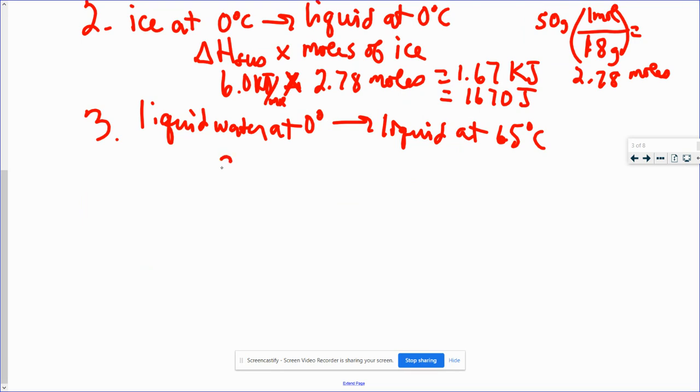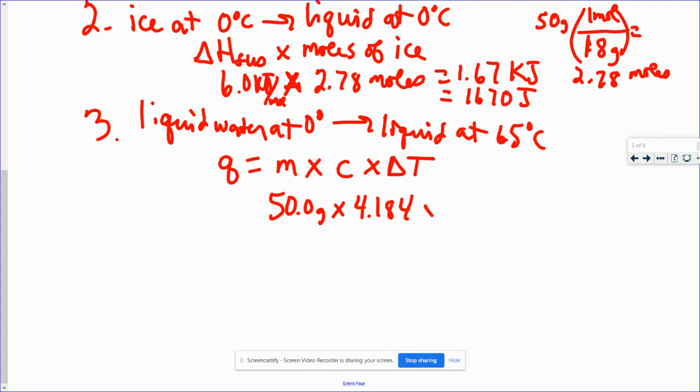So now it's another change in temperature. So it's Q equals mass times specific heat times change in temperature. My mass is still 50 grams. The specific heat is 4.184.